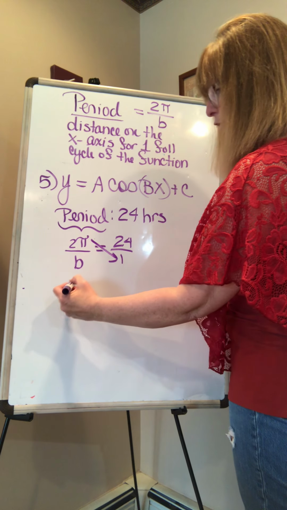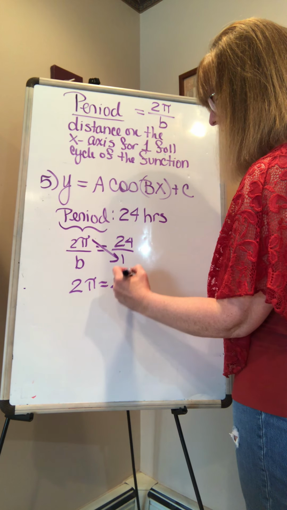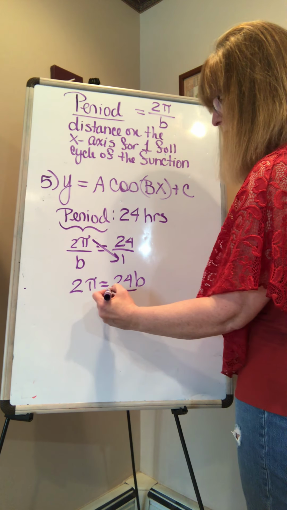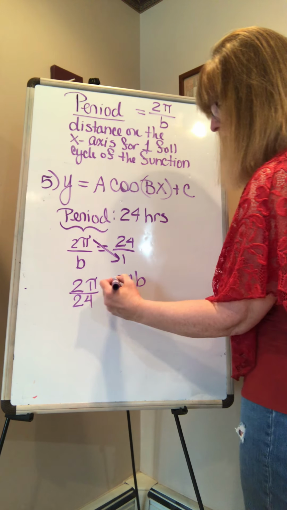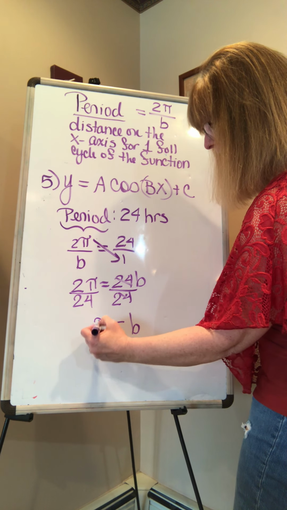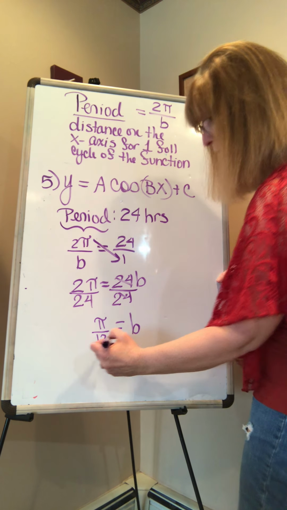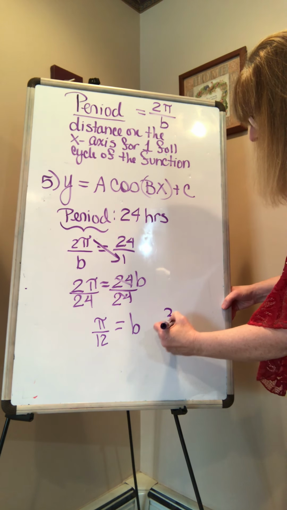Cross product. 2 pi is equal to 24b. I can divide by 24. And I can reduce. 2 over 24 is 1 pi over 12. My frequency is 1 pi over 12, choice 3.